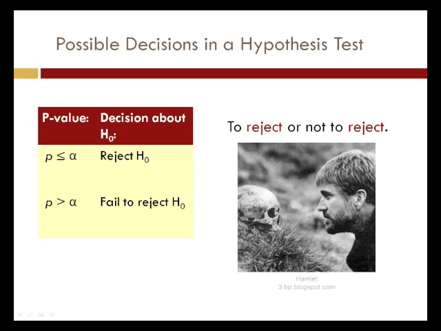And if it's more than 0.05, we don't reject, like we did previously when it was 0.4. We cannot conclude really anything. So less than or equal to, reject. If our p-value is more than alpha, don't reject.